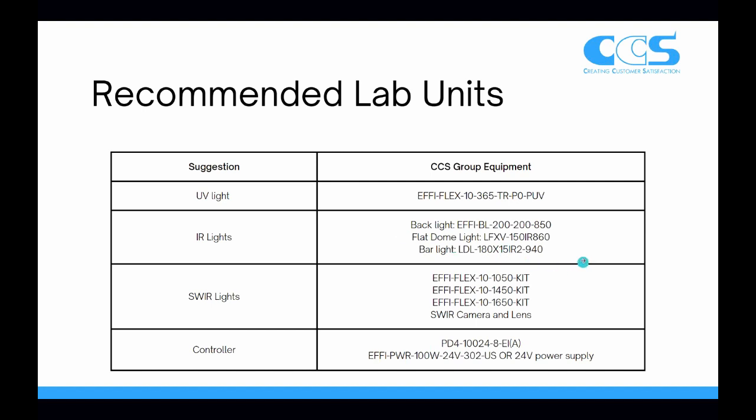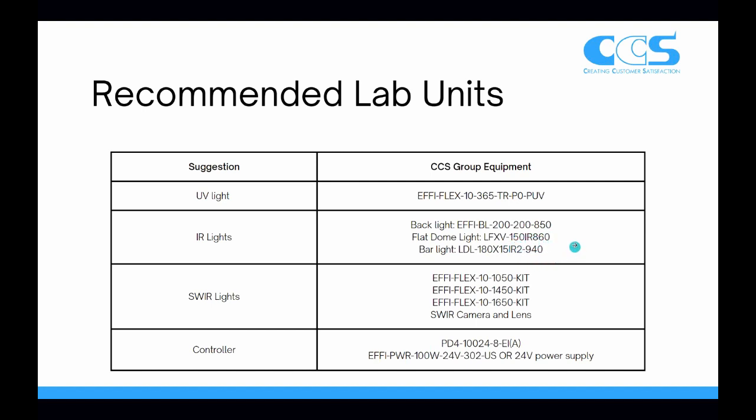And a bar light, we would recommend the LDL 180 by 15 IR2 light. The reason that this is not an FE Flex IR light is because we want this 940 nanometers versus the 850 or 860. Not all the time will the difference between 850 and 940 make a difference, but every once in a while you get a slightly better result with a higher wavelength.